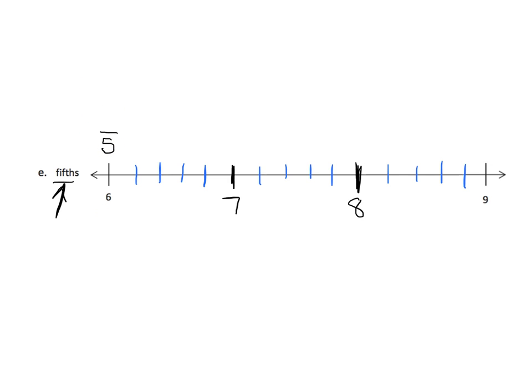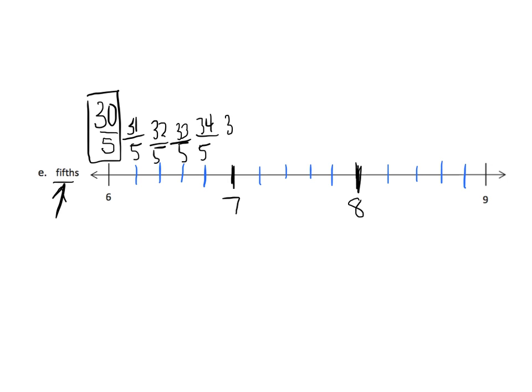And the answer is 30 fifths. And we're going to put a box right there. And then we're going to label 31 fifths, 32 fifths, 33 fifths, 34 fifths, and then here is 35 fifths.